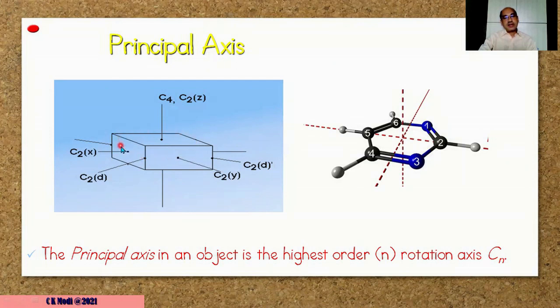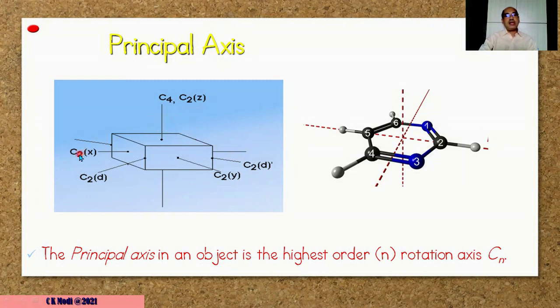In this structure, where all the corners are occupied by, for example, one hydrogen, second hydrogen, third hydrogen, fourth hydrogen, all these 4 hydrogens interchange their positions, right? Therefore it is called C4.